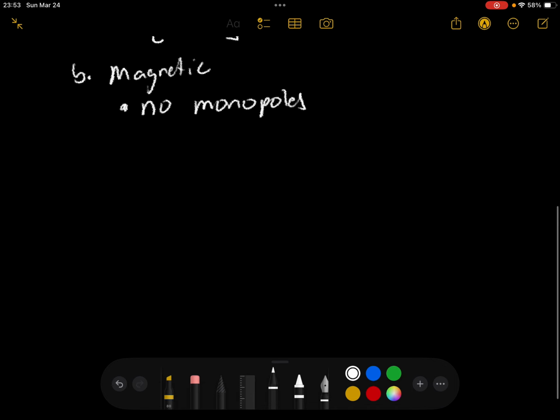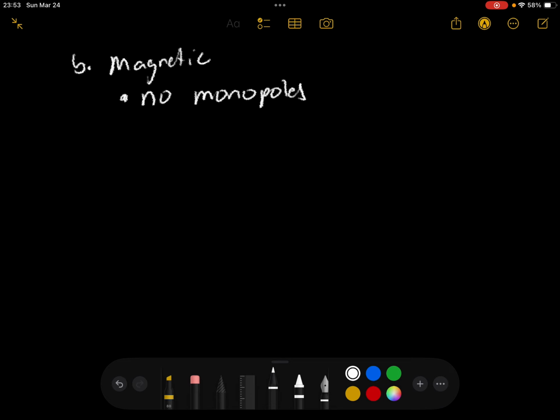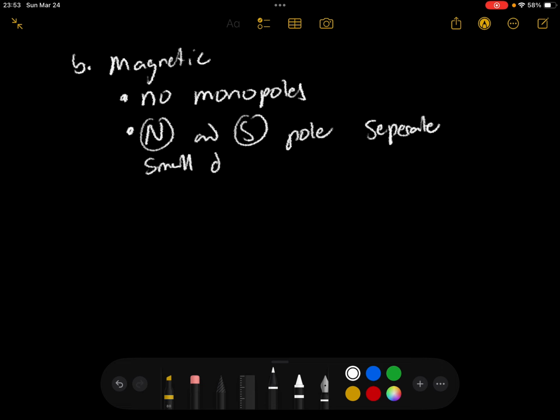They are a north and a south pole separated by a small distance. If you were to break apart a magnet, its north and south pole, both pieces would then make their own new north and south pole. So it will always be that, or at least as far as we know, there are no monopoles.